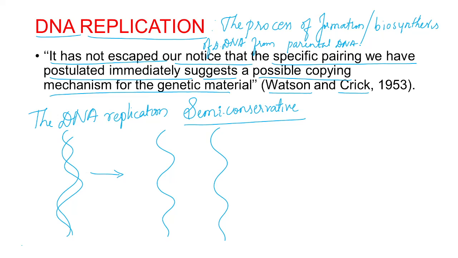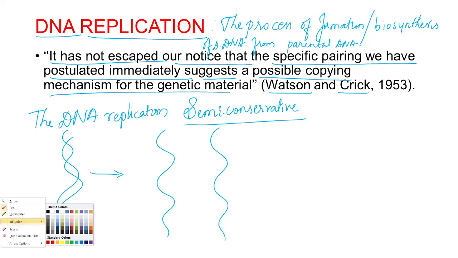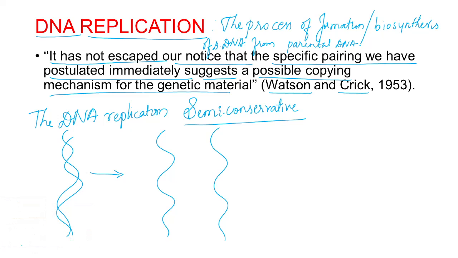Both of them will get separated from each other, and on each separated parental strand, new strands will be formed like this, which will give rise to two daughter DNA molecules. So this process of formation of daughter DNA from the parental DNA is said to be semi-conservative.